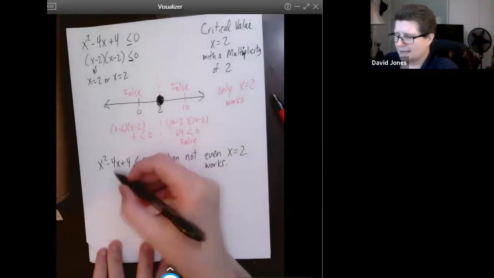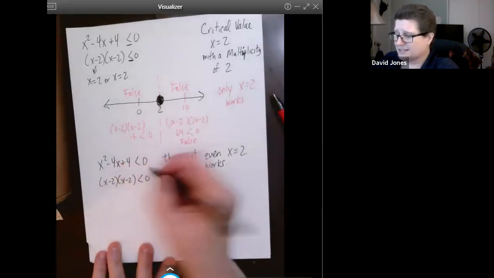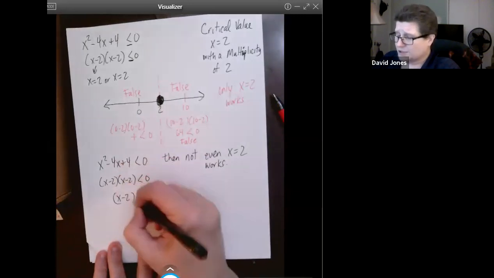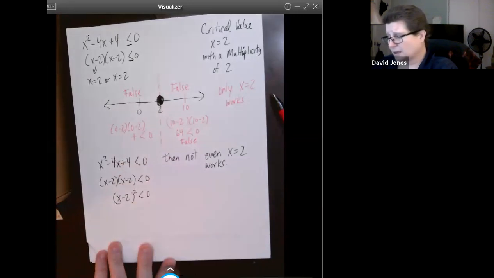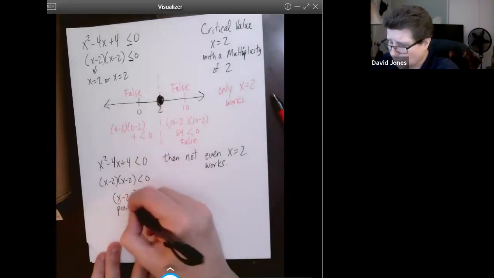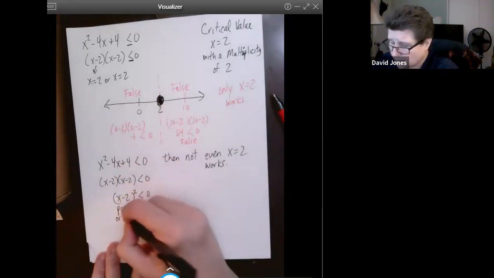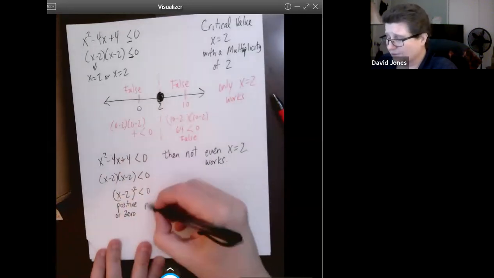And the reason why, that is x minus 2 times x minus 2 less than 0. X minus 2 squared less than 0. This is always a positive number or 0. Since I'm squaring it, it's always positive or 0, and that's never less than 0.